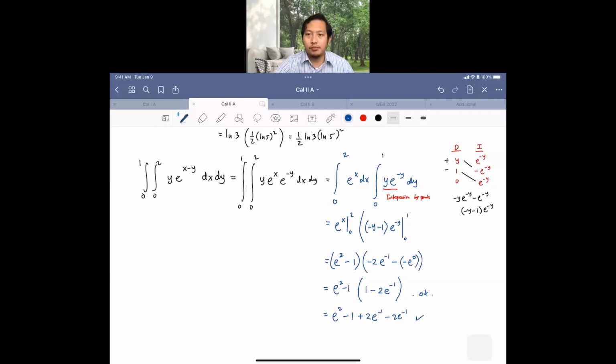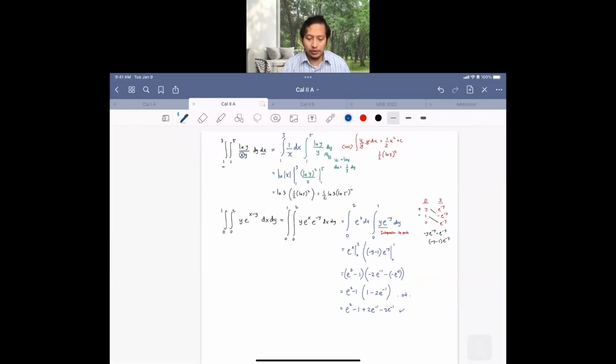Okay, any questions from this part? From these two examples? Any questions?